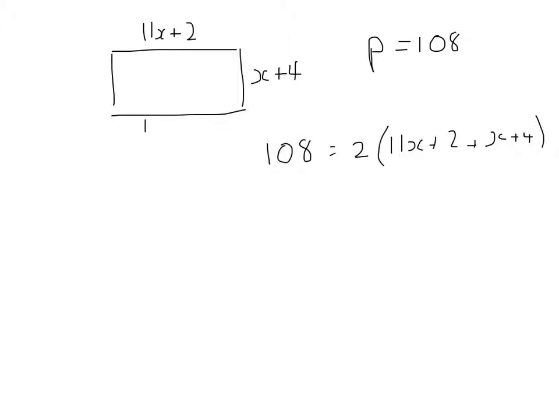because this side down here is 11x plus 2, this side over here is x plus 4, so we've got to double both of those. So that will be equal to 2 lots of, bringing the like terms together, 12x plus 6. 108 divided by 2 is going to be 54, so I'm going to divide both sides by 2 here.